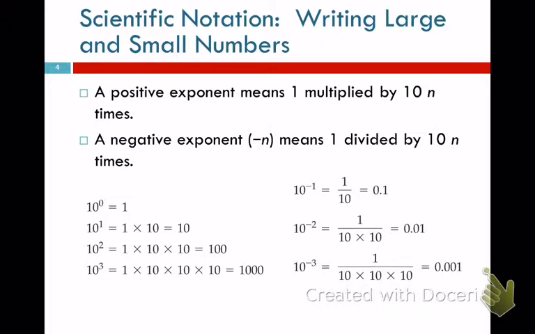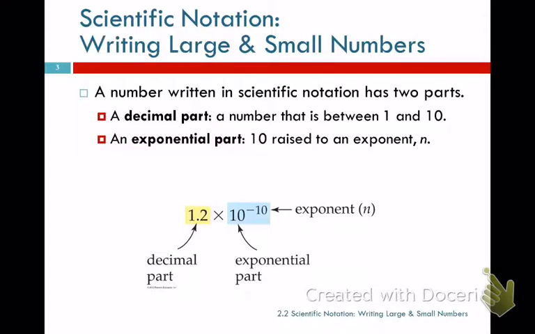It means that in a number like this, this is actually a very small number because this is to the minus 10 power. And so you're multiplying it by 0.0000000001. 10 billionth, I guess. Yeah, it's a very small number.